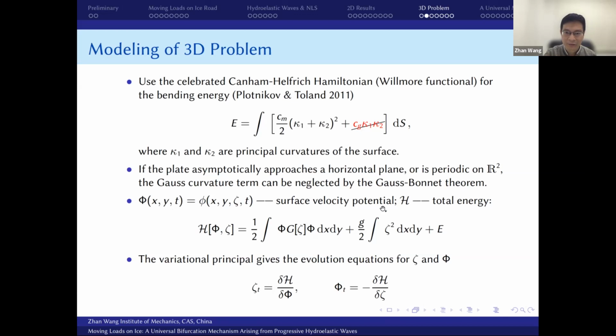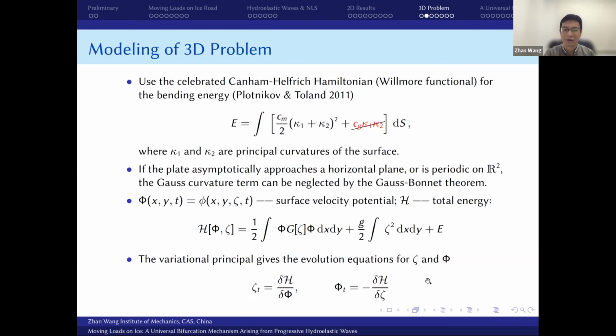And you can write down the Hamiltonian, the total energy for the whole problem, which is the kinetic energy plus the potential energy due to gravity and the potential energy due to elastic bending. Then you take a variational derivative using the canonical variables, the surface displacement theta and the velocity potential on the free surface phi.